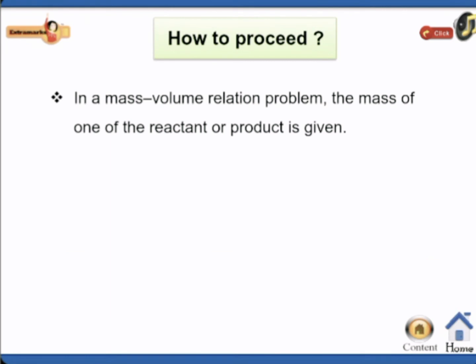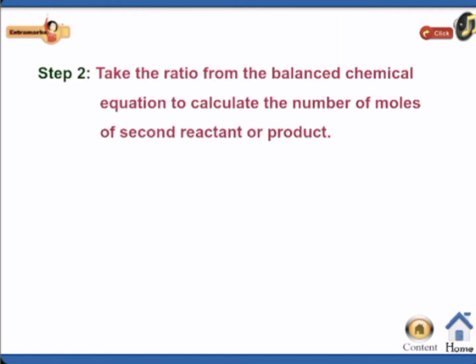Steps to follow while solving a problem based on mass-volume relationship. In a mass-volume relation problem, the mass of one reactant or product is given. Step 2. Take the ratio from the balanced chemical equation to calculate the number of moles of second reactant or product.